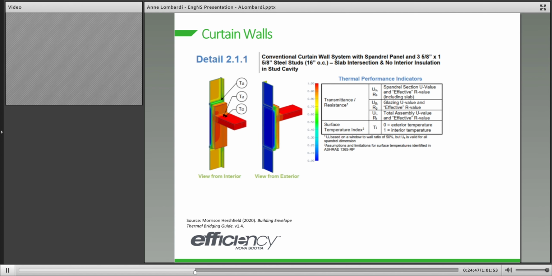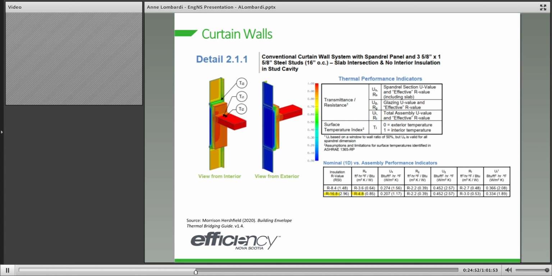When we look at the results for this wall, we start at an R value of 16.8 for that spandrel panel section, and it goes all the way down to about R5. Again, that's because of all of that framing around the spandrel plus that floor intersection.